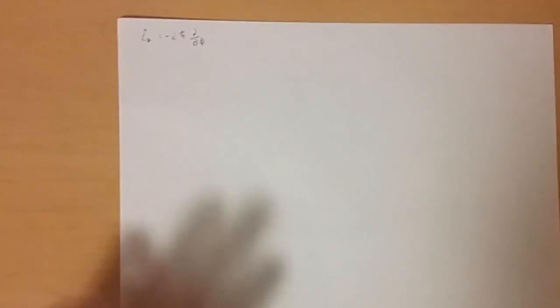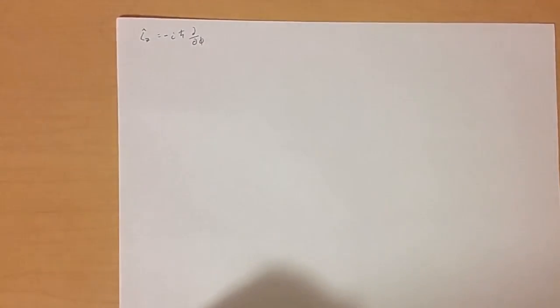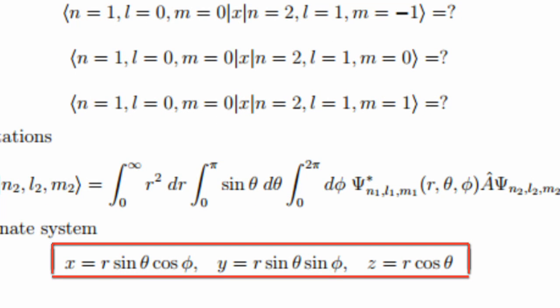By the way, real fast, you see on there that it gives you x equals r sine theta cosine phi, y equals r sine theta sine phi, and z equals r cosine theta.